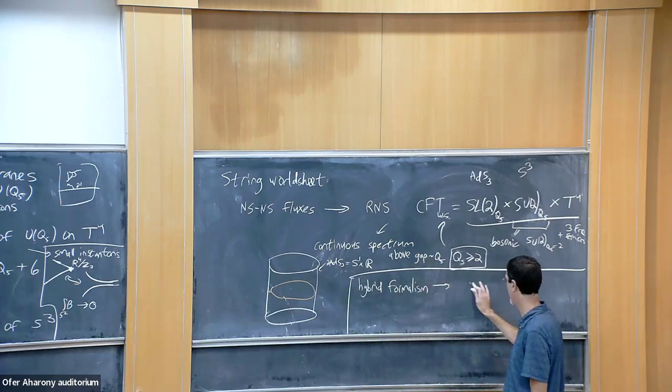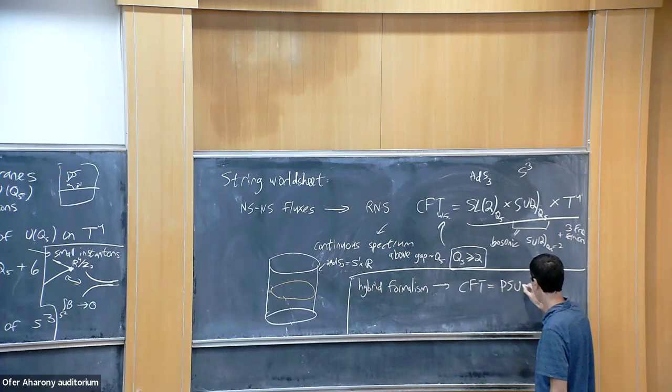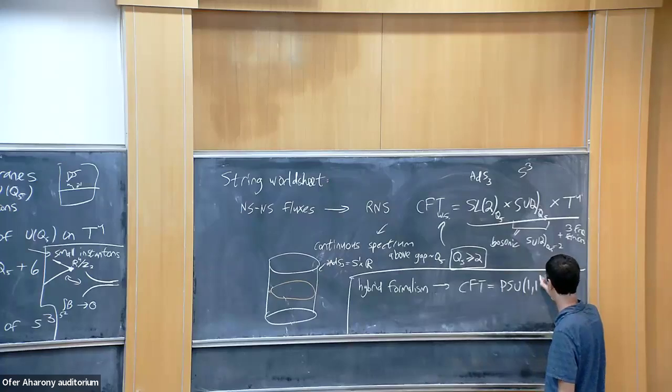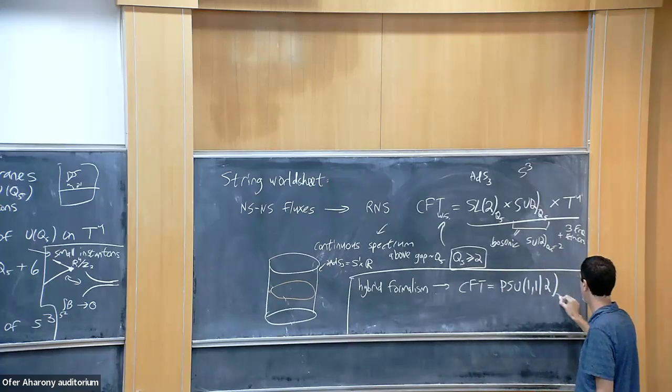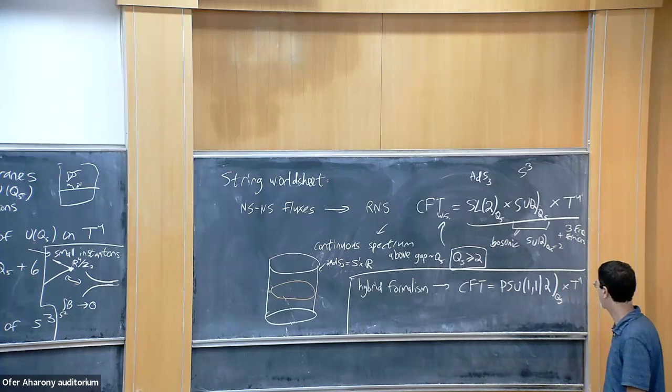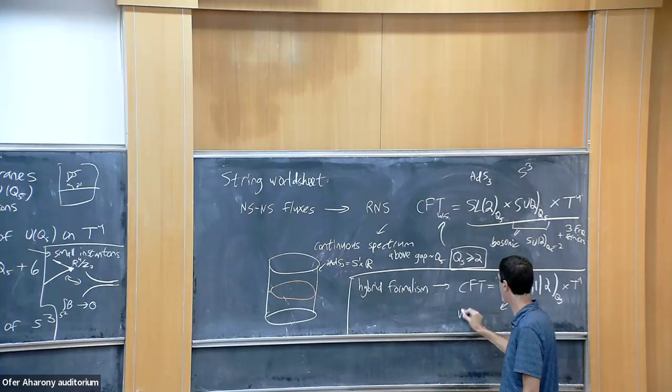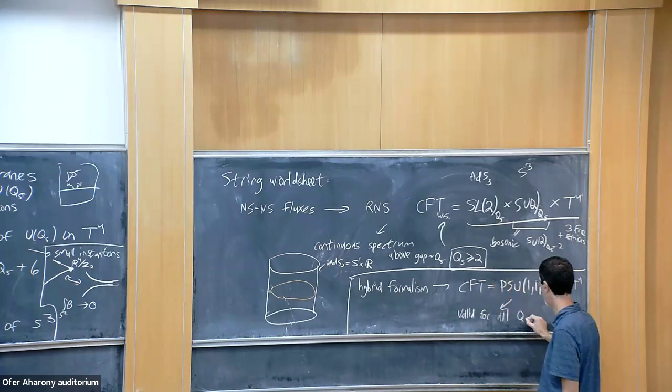And in this formalism, the CFT worldsheet turns out to be a sigma model on some superspace, PSU(1,1|2) at level Q5, again times a T4. And it turns out that this description is valid for all values of Q5, including Q5 equals 1.